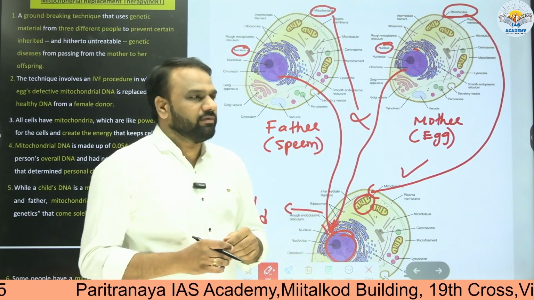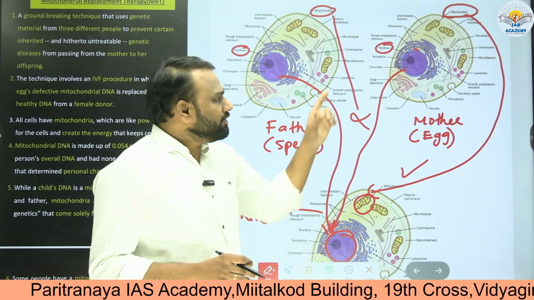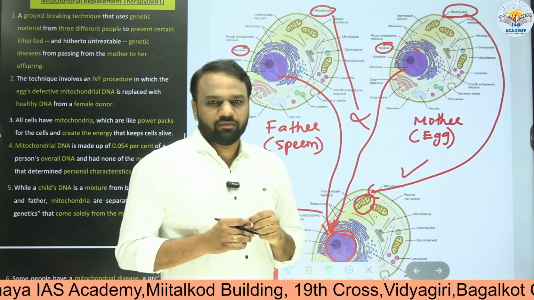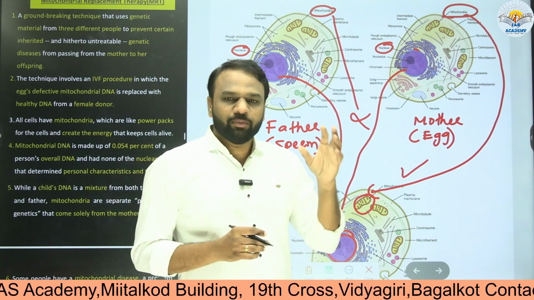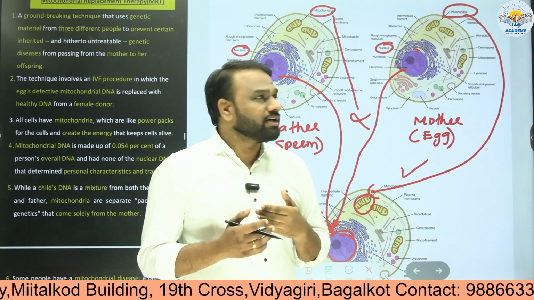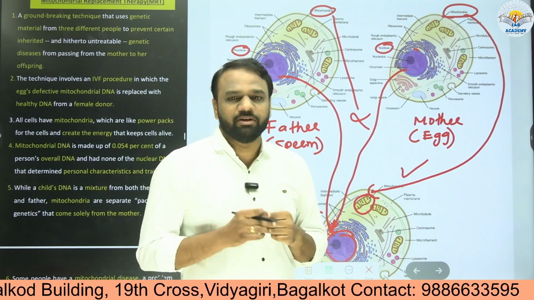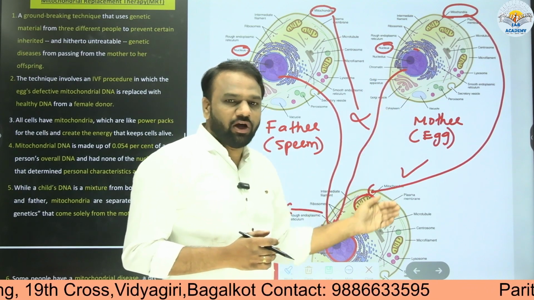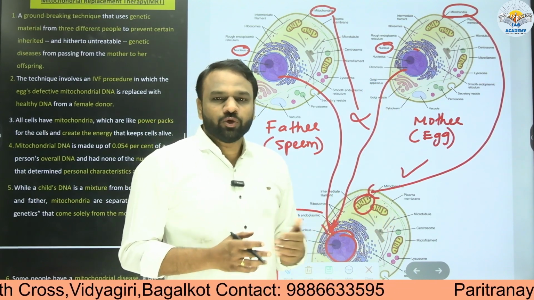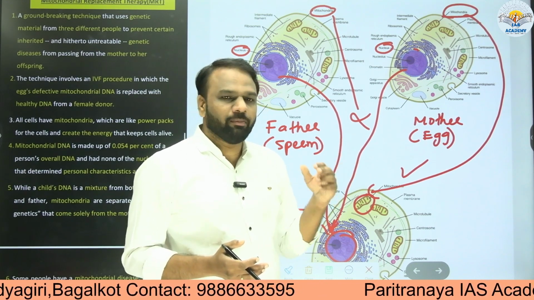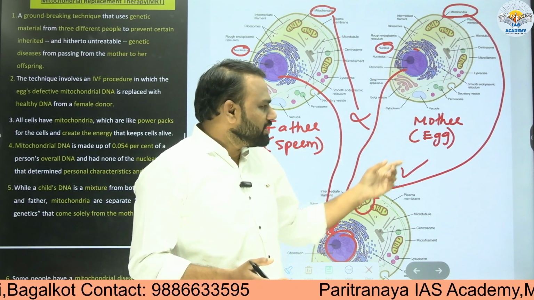Now here, if the mother's mitochondria has some kind of defects, because of the defects the mother is a victim of some disease. The same disease should not be passed to the offspring, to the child. To prevent that, there is a technique to prevent the disease, especially the disease related to mitochondria, from being passed from the mother to the child.